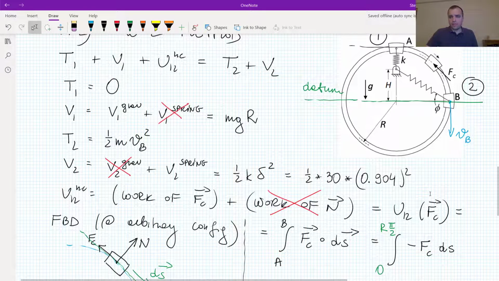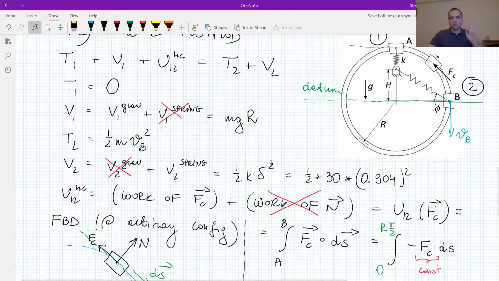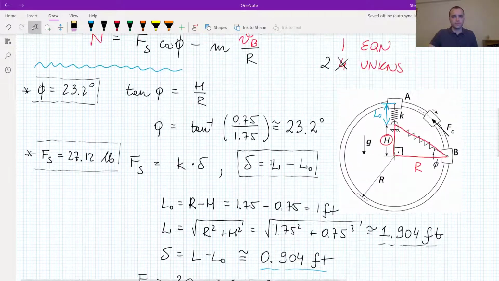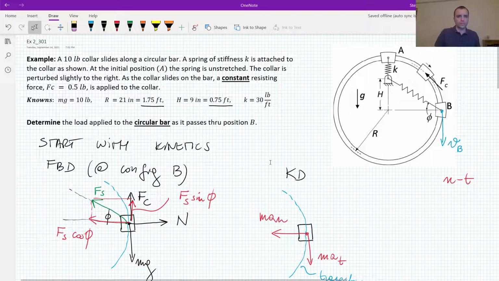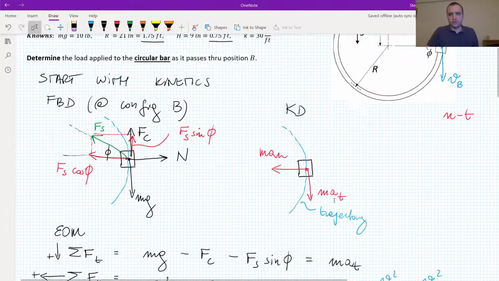If I remember correctly, our Fc was constant. Let me scroll up the board just to confirm that. Yes, that's true. Fc is a constant resisting force, so that integral will be easy.